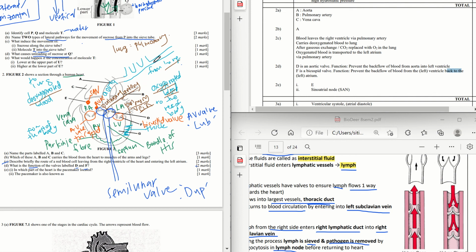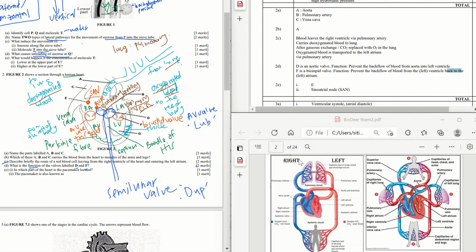So meaning you will go to your lung. Okay, so blood tu daripada sini pulmonary artery akan pergi ke lung. Okay, and then ada gases exchange dekat sini occur. Okay, carbon dioxide you breathe out and then you breathe in oxygen, and then oxygen will enter the heart through pulmonary vein. Okay, sekarang dia nak suruh you explain.